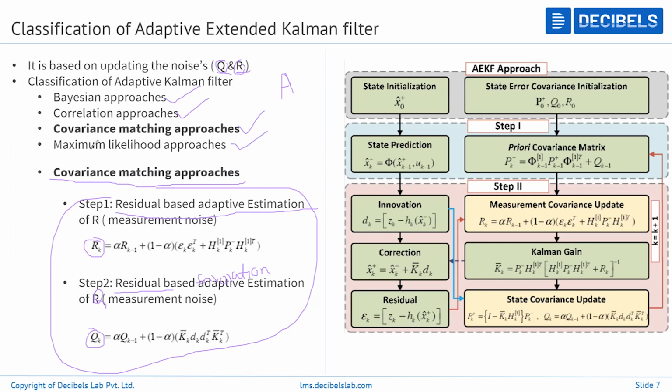In my case, we have worked on covariance matching approaches, which only deal with updating the Q and R. All of these also talk about Q and R, but for our case we have considered this covariance matching approach. You can find this derivation in some papers; you can just Google it.